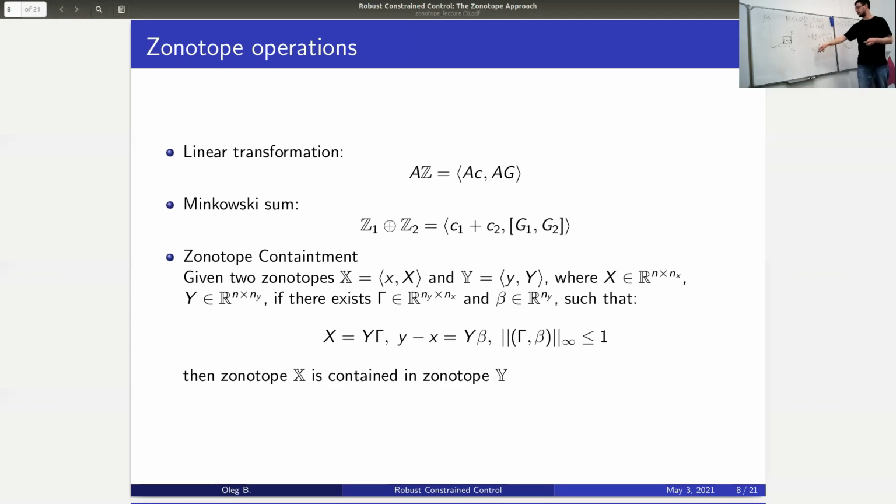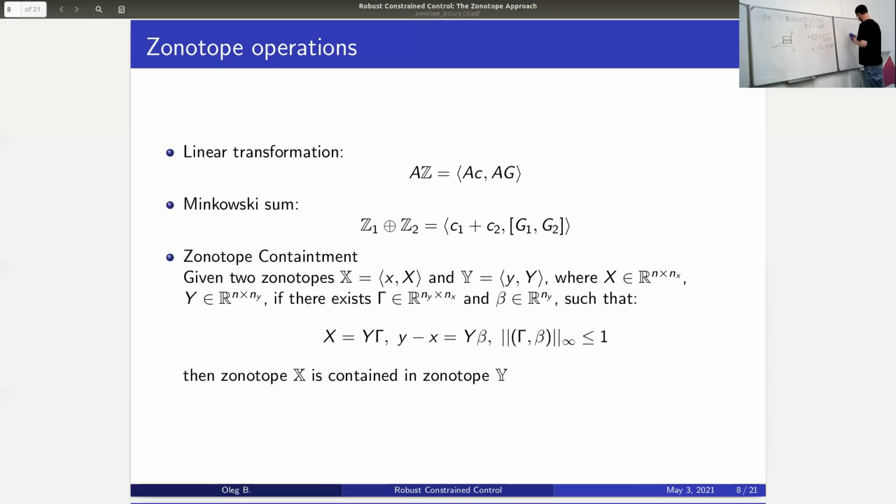At step k your state is here, and at step k plus 1 your state is here. Can the next state be outside of this Zonotope? Yes, your state will be another Zonotope.